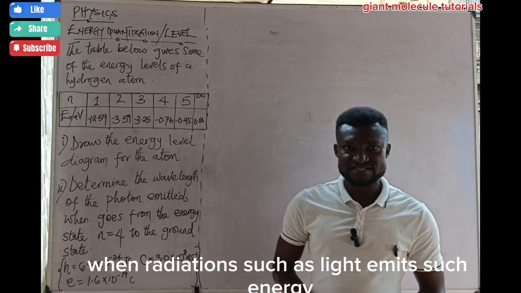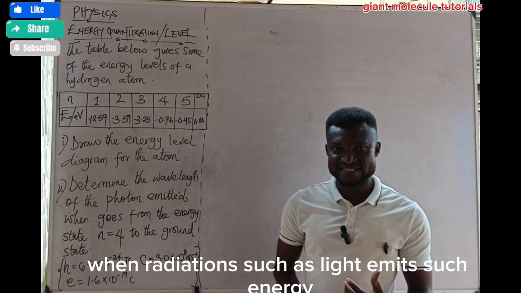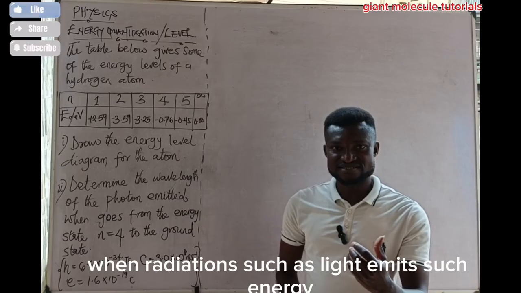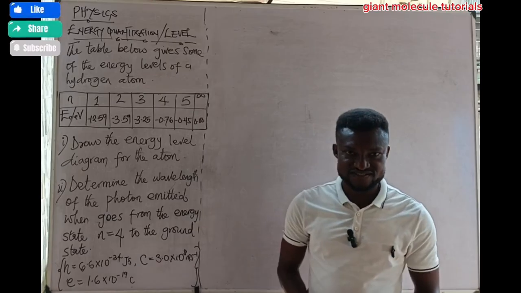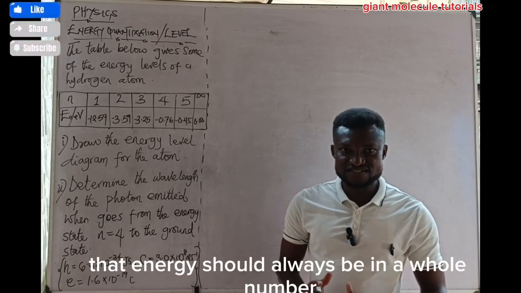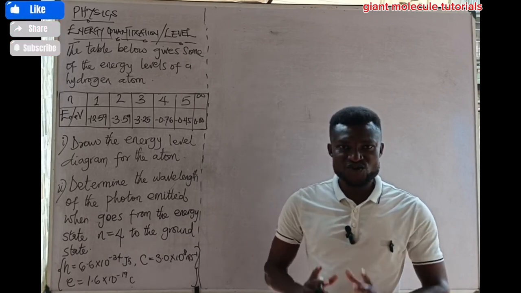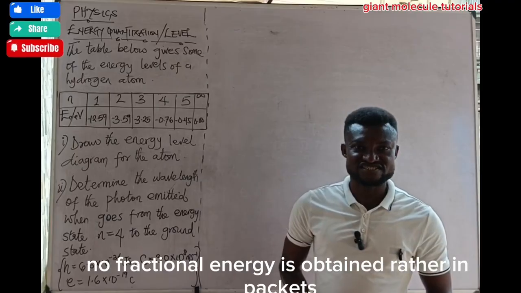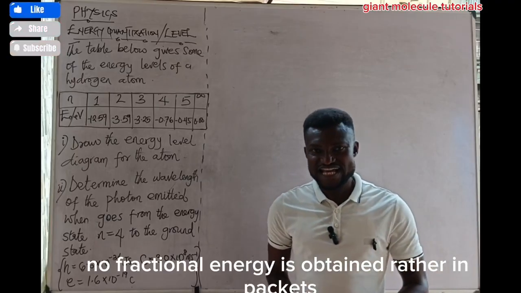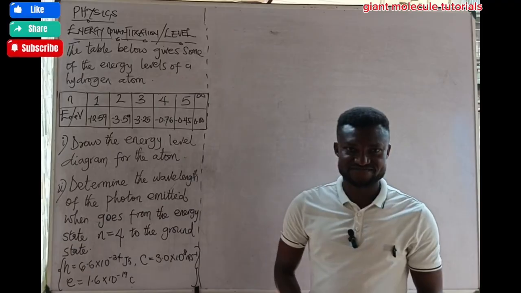When radiation such as light emits energy, that energy should always be in whole number multiples. No fractional energy is obtained, rather in packets.